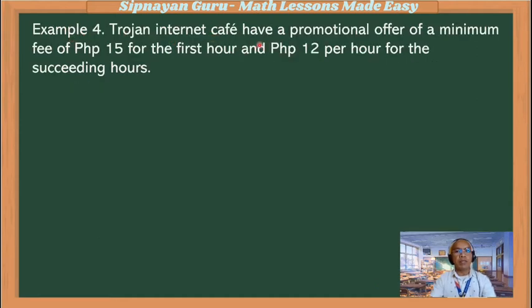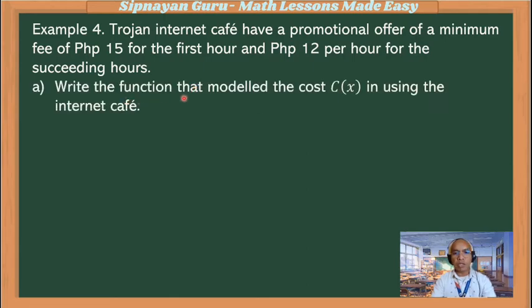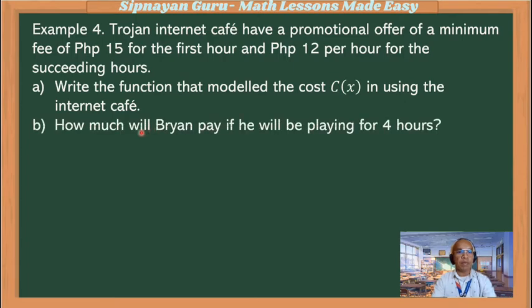Trojan Internet Cafe has a promotional offer of a minimum fee of 15 pesos for the first hour and 12 pesos per hour for the succeeding hours. So write the function that models the cost C of X in using the internet cafe. How much will Brian pay if he will be playing for 4 hours?